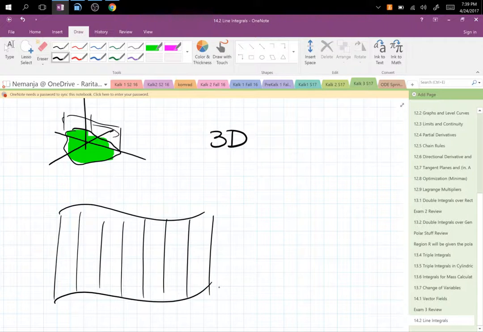But now, this object becomes a 3D object. But it's still thin, like a Calculus 1, except now it's in space, right? So you see the difference? So Calc 1, regular integral, and then Calc 3, a line integral.